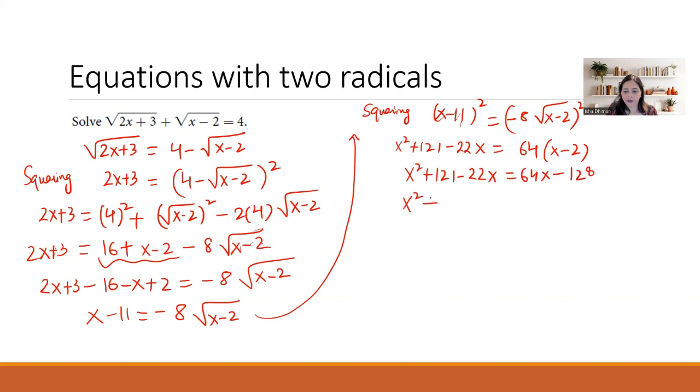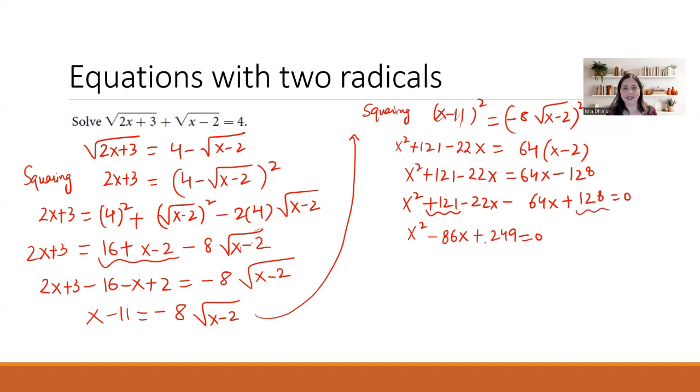Now you move everything to the left-hand side because now I can see an equation free from radicals. Essentially, this is a quadratic equation, x squared. Now, how much is 22 and 64? So you get here 86. And here you get 249, 121 plus 128. So that's what I got.